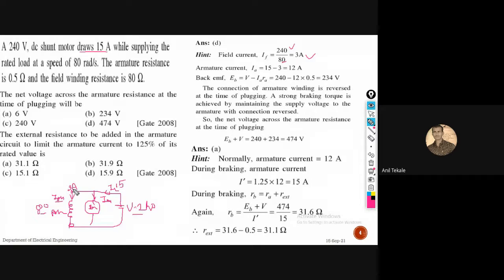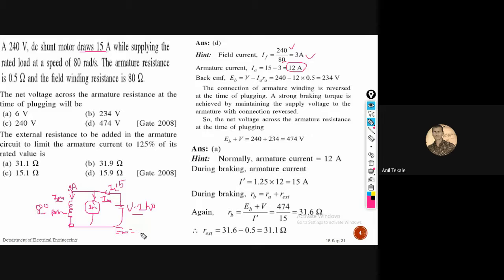So what will be the armature current? Load current minus field current, that is 15 minus 3, which is 12. Now we know the value of armature current and armature resistance, and we know the voltage. Who will tell me the back EMF?